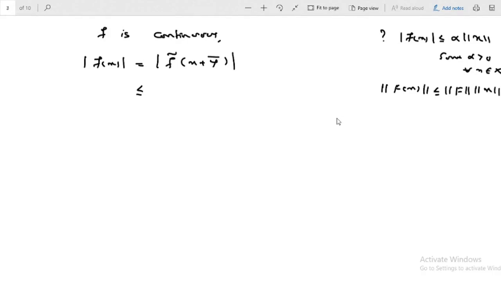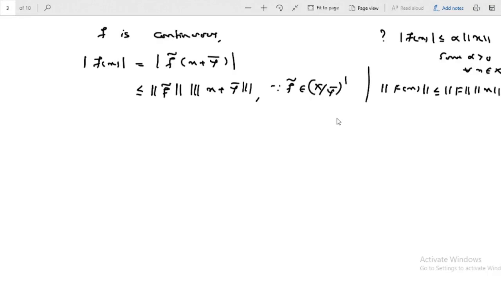Okay. This f tilde belongs to B(X by Y bar, K), continuous linear functional. Therefore it is norm f tilde into x plus y closure norm. The quotient norm ആണ്, space അനുസരിച്ചാണ്. Okay, this is since f tilde belongs to x dash, x by y closure dash.